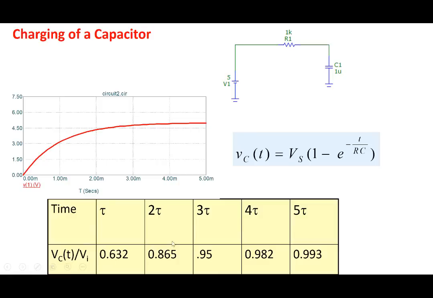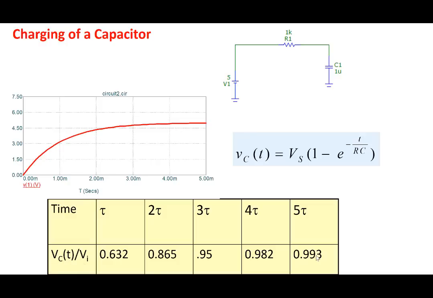And again, same thing. So we can look at how close the capacitor voltage is to its final value at different times. At time t equal to tau, it has reached about 63% of its final value. At 3 tau, it has reached 95% of its final value. At 5 tau, it has reached 99.3%.